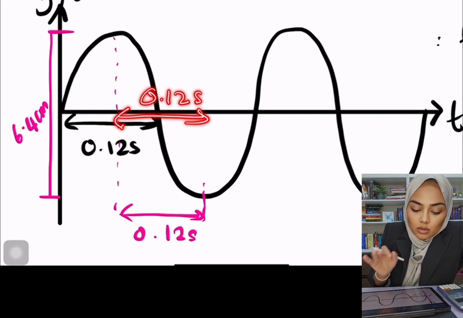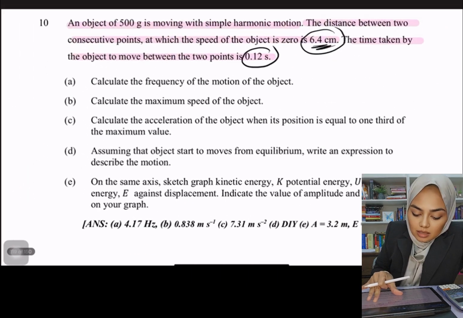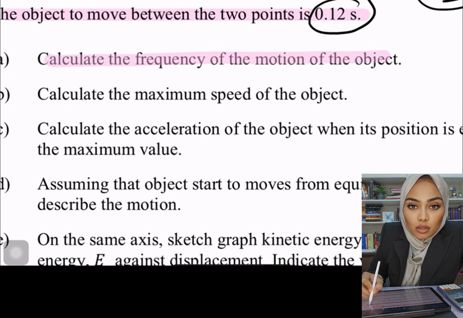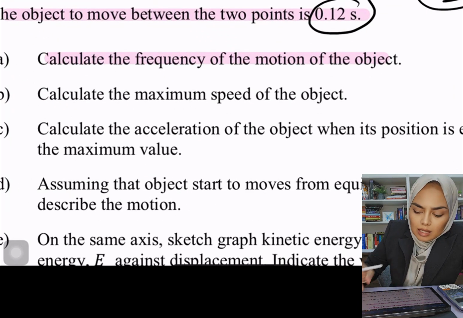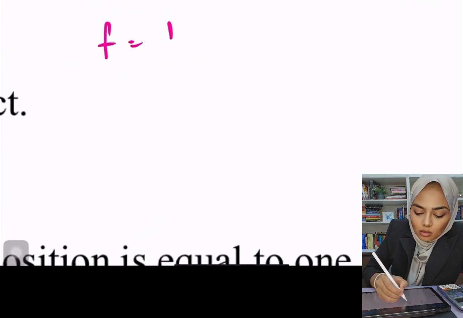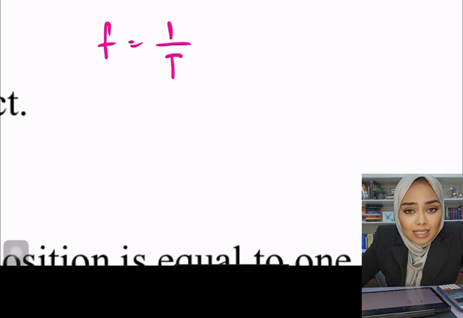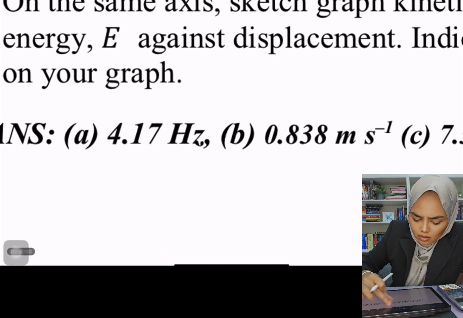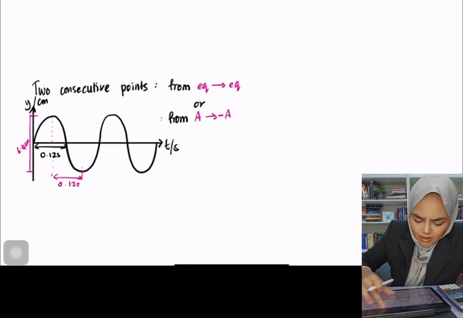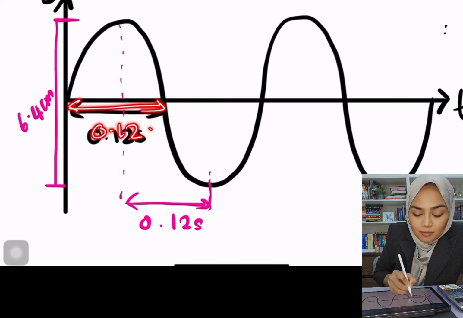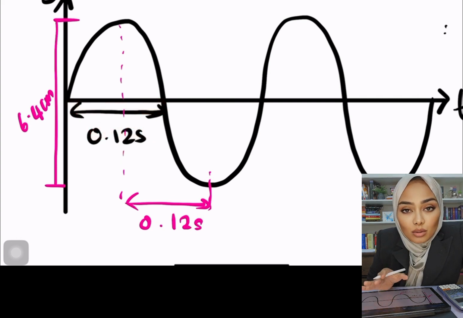Faham tak? Right, so soalan pertama kita, dia kata calculate the frequency of the motion of the object. So kalau kita ingat back semula, frequency sama dengan 1 per period. So sekarang kita nak cari period dulu korang, sebelum kita boleh cari frequency. So based on this diagram tadi, kita dah tahu daripada equilibrium ke equilibrium ialah 0.12 saat. Tapi ini belum cukup satu period.